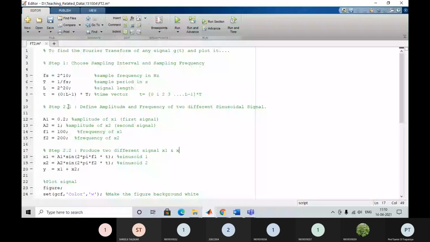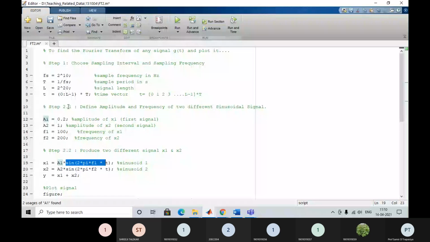So x1 is sine omega 0 t, that we know. So A1 times sine of omega, which is 2 pi f1 t. That is, the x1 signal is simply defined as A1 times sine omega 1 t, where omega 1 is 2 pi f1.